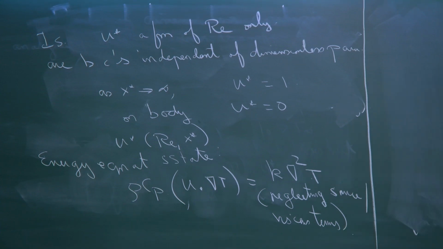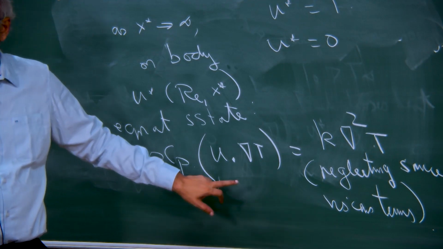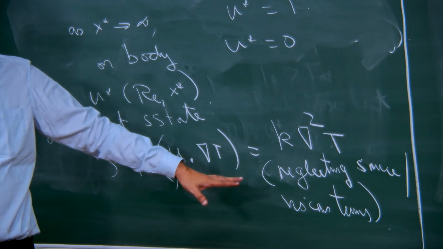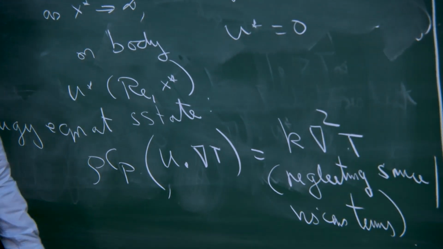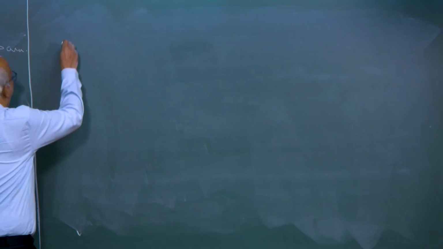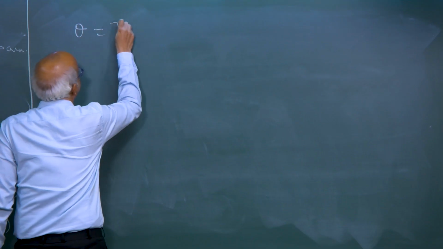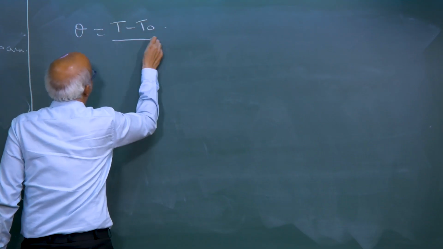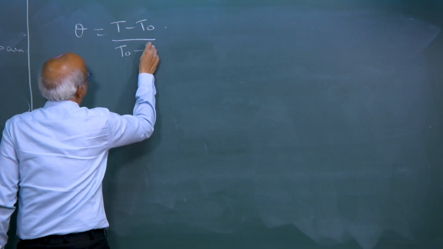So, again I want to make this dimensionless. I am going to use the same length scales; for velocity and length I have already decided. But what about temperature? Temperature I am yet to decide. So I am going to define theta as T minus T naught divided by T naught minus T infinity.